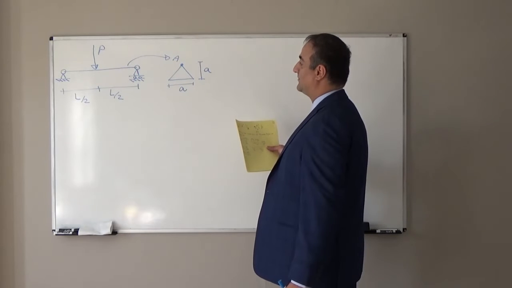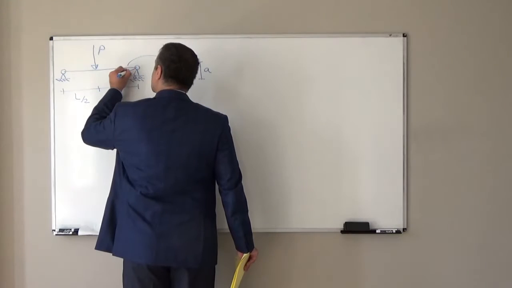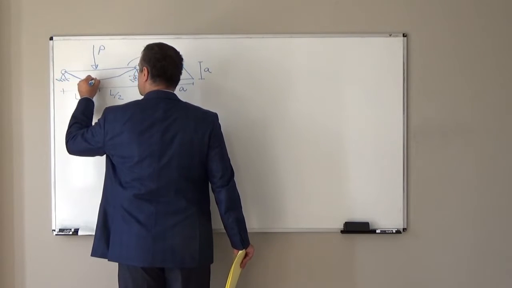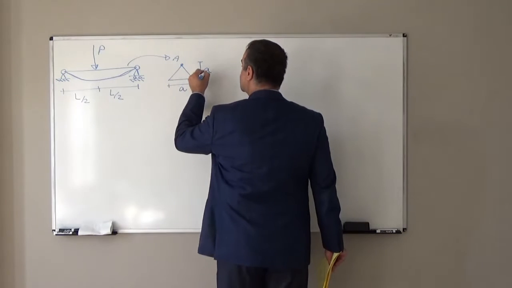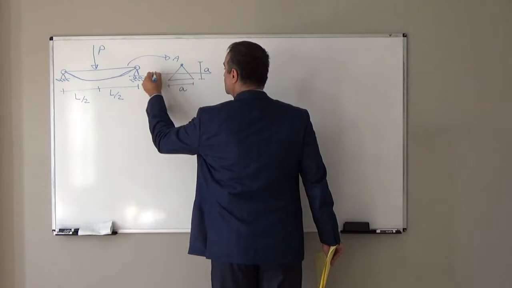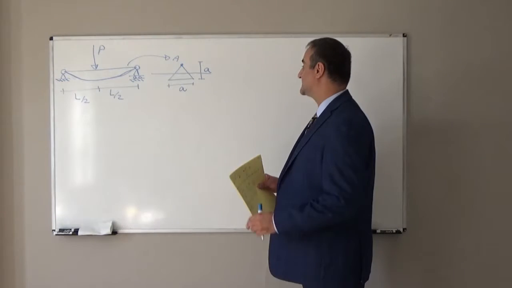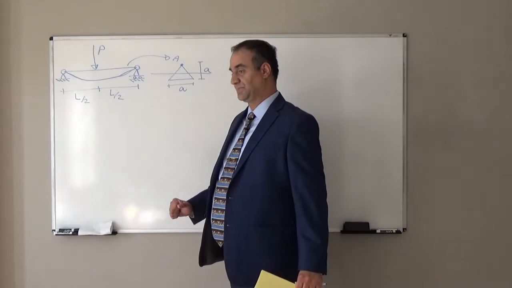So what will happen to this beam? If we apply load, this beam will deform like this. So here we will have the neutral axis, and the neutral axis will pass through the centroid of the cross section.